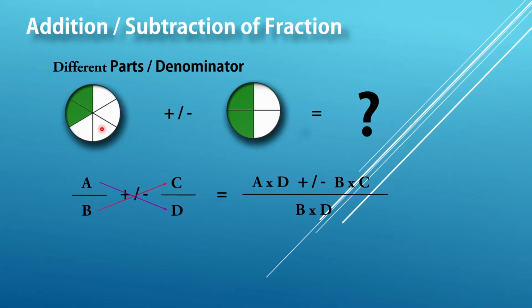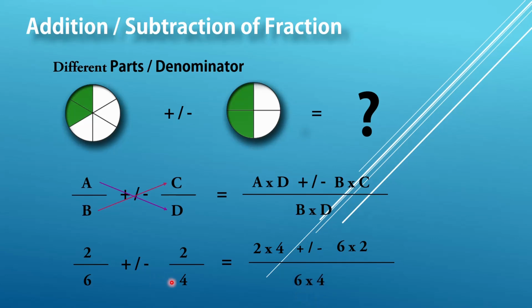And now let's take this example. Here we have 2 by 6, and here 2 by 4. So let's take 2 by 6 plus 2 by 4. So what will be the result? First we do 2 into 4, and then 6 into 2, plus or minus, whatever sign you have, and then divided by 6 into 4.